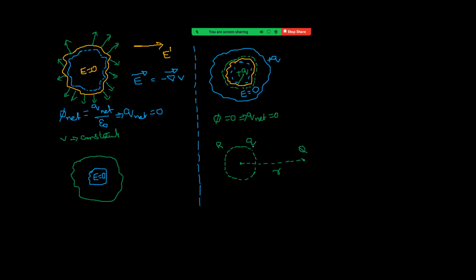That means the charge on the surface of the shell redistributes. The distribution of charge on the surface of the conductor is now not uniform. It redistributes in such a way that the field inside becomes zero.